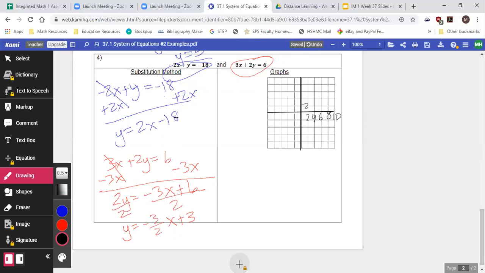Notice how the y-intercept is at -18. If I scale by 2s, I'm not going to get to -18. So I'm actually going to try to scale it by 3s. 3, 6, 9, 12, 15, 18. So this is -18 down here.